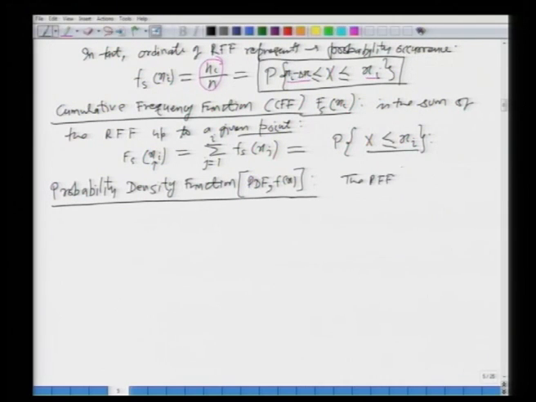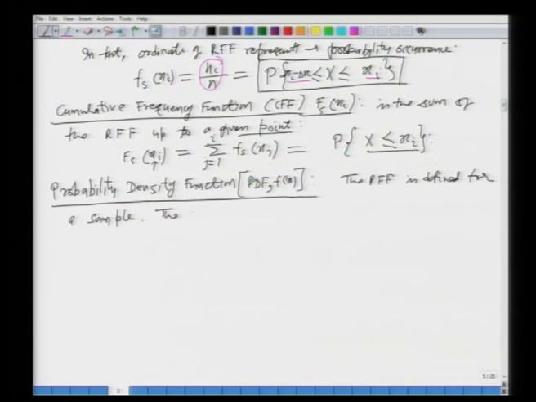relative frequency function which we have just seen is defined for a sample. Okay. The relative frequency function was defined for a sample. What is a PDF?